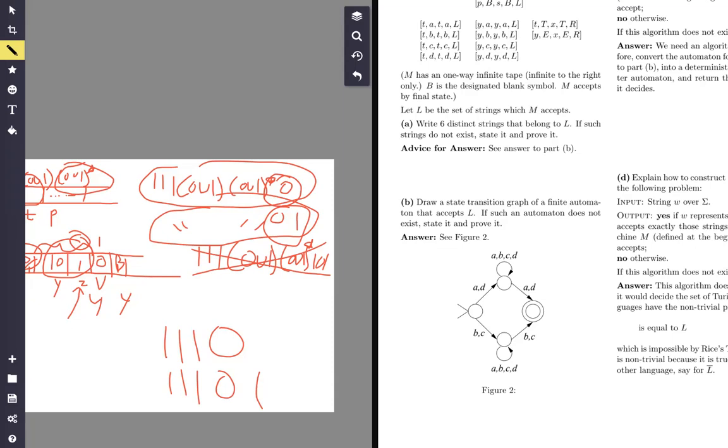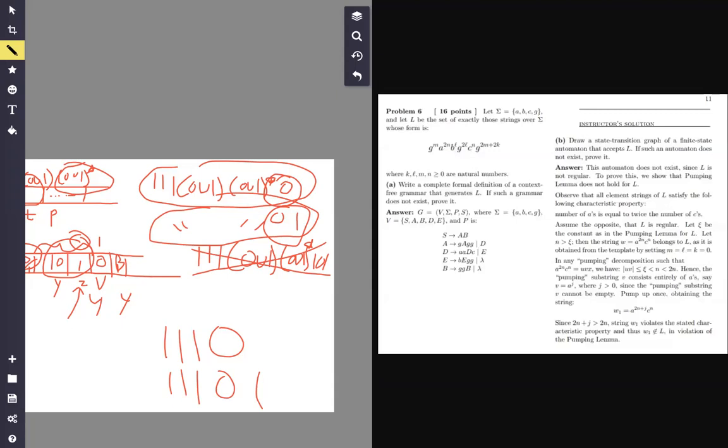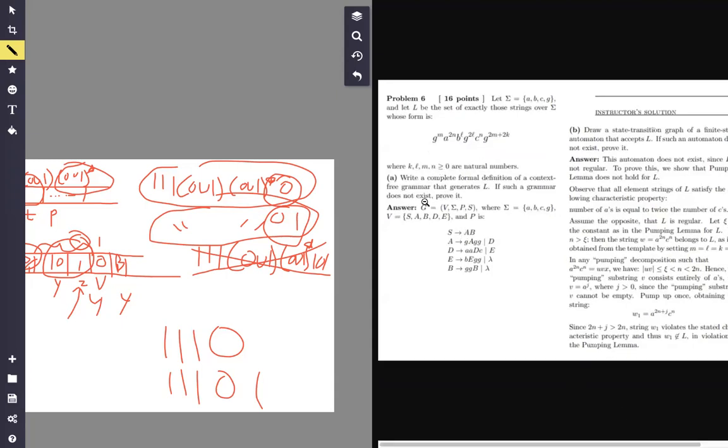Oh, this is an interesting question. Okay, so if you notice in this question, the first part says a context free grammar, and then part B says draw a state transition graph.